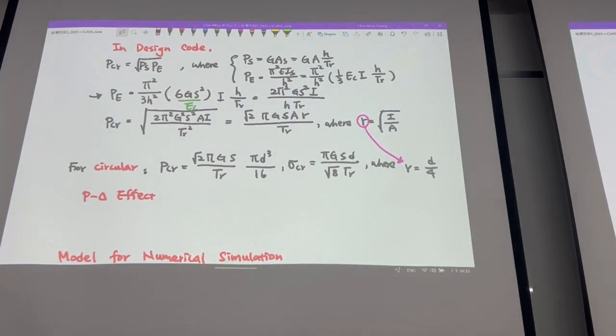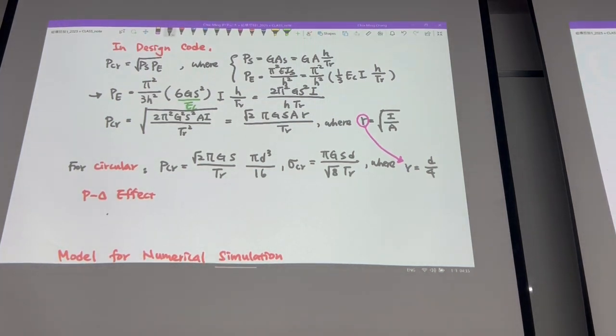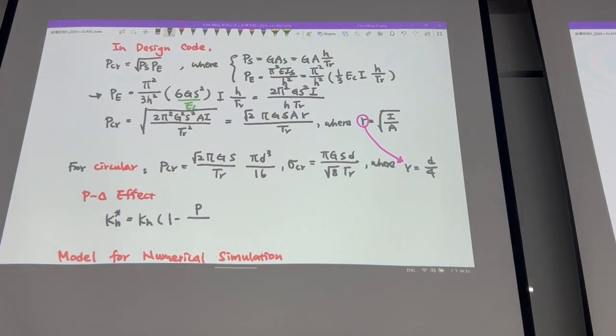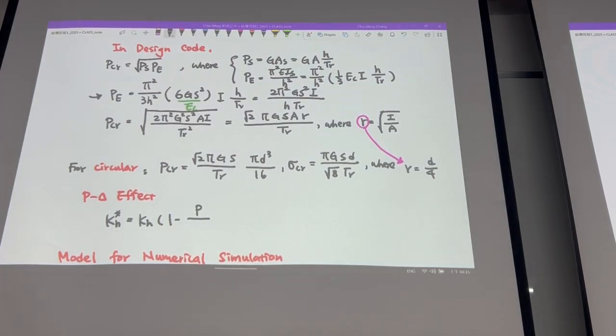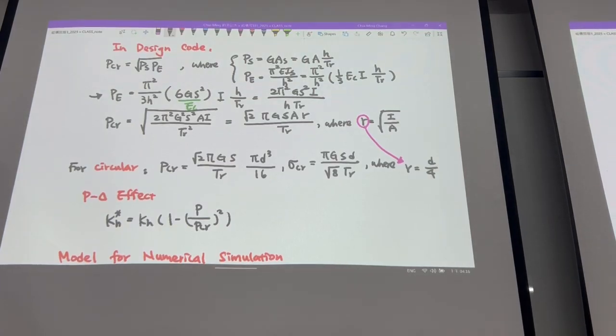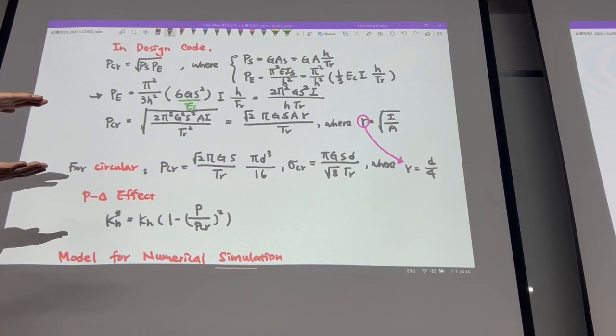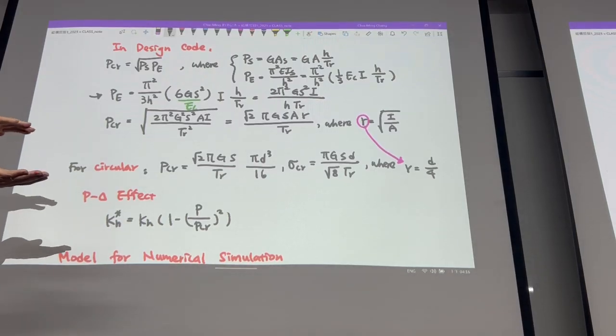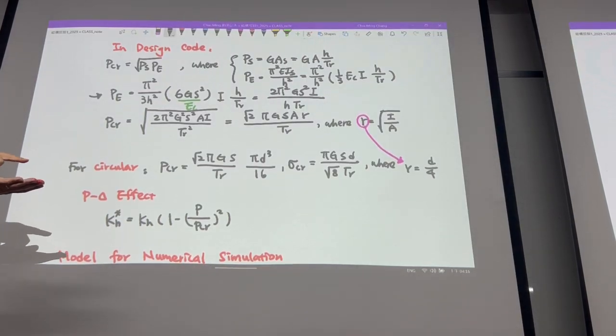So if you consider the P delta effect, your horizontal stiffness will be a function of your applied load in the vertical direction. That will make sense.